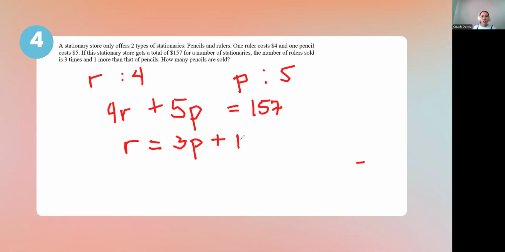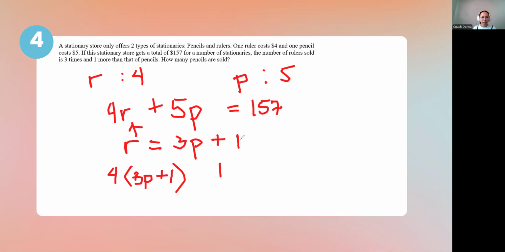Something's amiss. So let's replace this R right here with 3P plus 1. So that's 4 times 3P plus 1 plus 5P. We're looking for the pencil, so it's good that we have P's right here. All right.